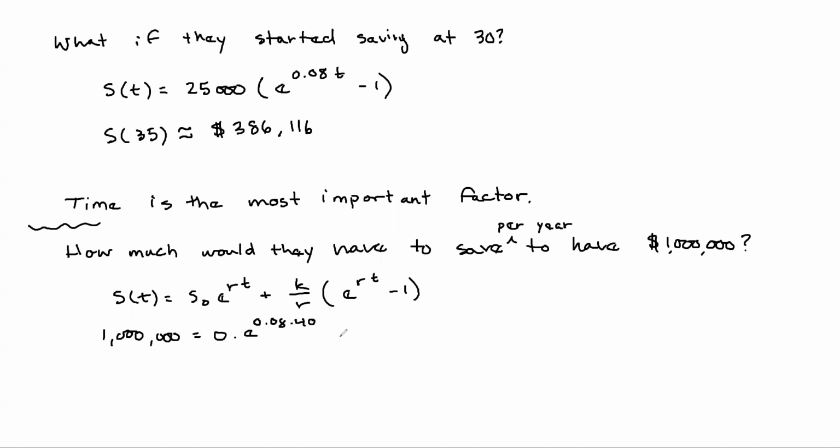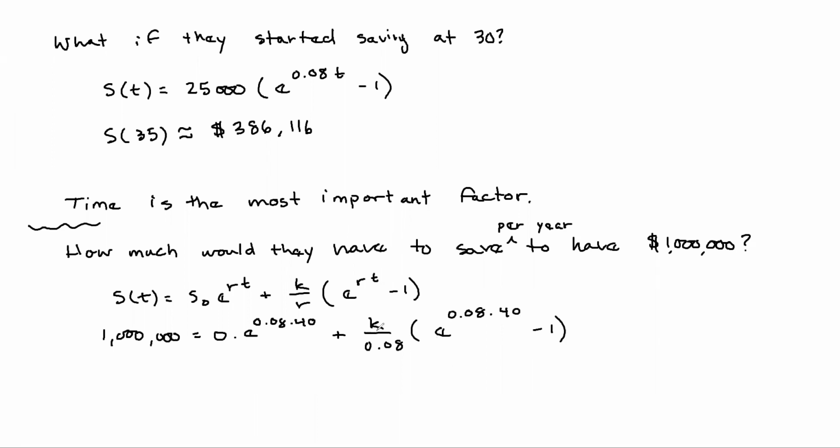Not that those matter because the 0 is going to kill that. K is unknown. We're trying to figure that out. K over 0.08, times e to the 0.08 times 40 minus 1.